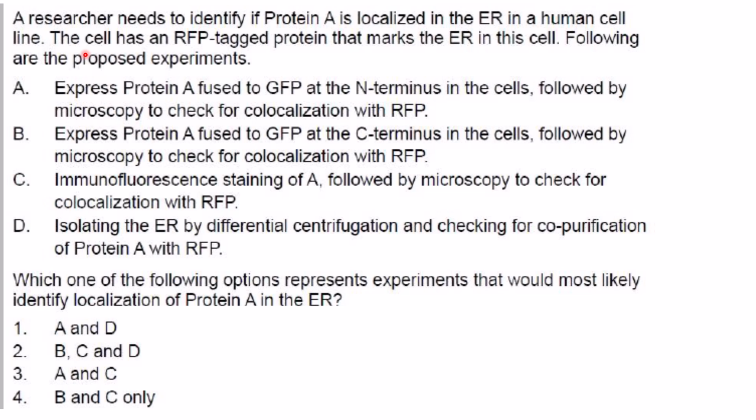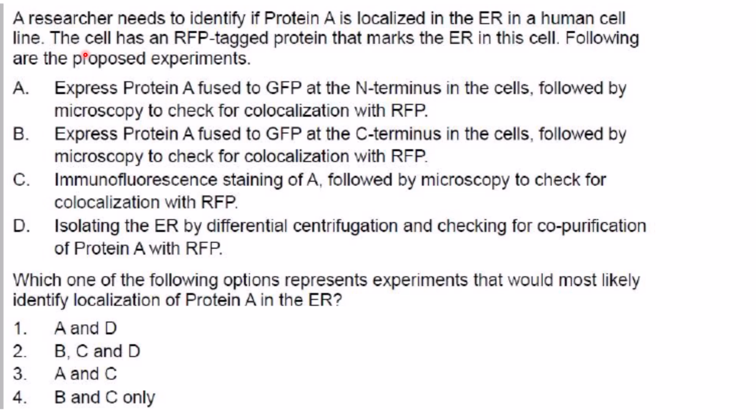First, he expressed protein A fused to GFP at the N terminus in the cell, followed by microscopy to check for co-localization with RFP. His intention is to tag the N terminus of protein A with GFP, and then use fluorescence microscopy to see whether he gets a signal of protein A as well as the signal of the RFP tagged protein in the endoplasmic reticulum lumen.